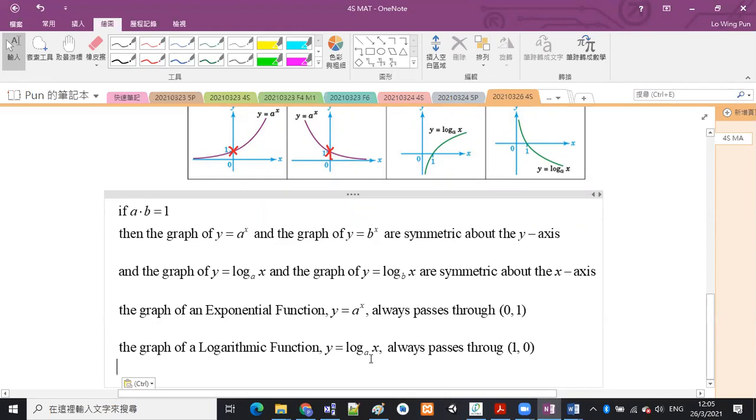But we know that log 1 is always equal to 0. No matter what base number it is, log 1 will get you a 0. So when you put x to be 1, y must be equal to 0, which means that this graph will always pass through the point 1, 0.